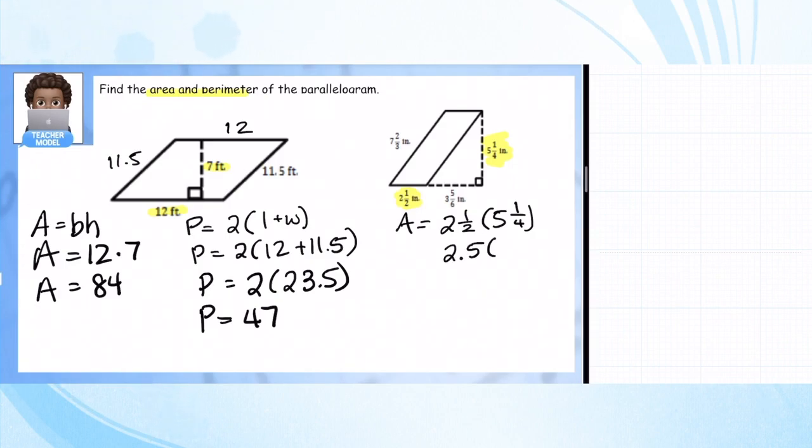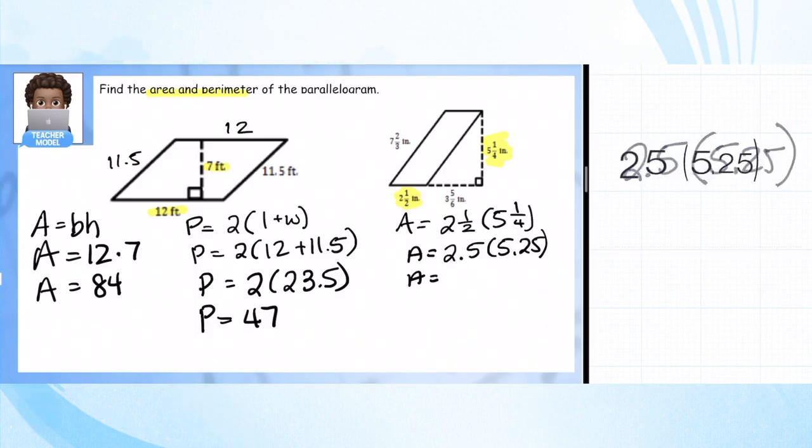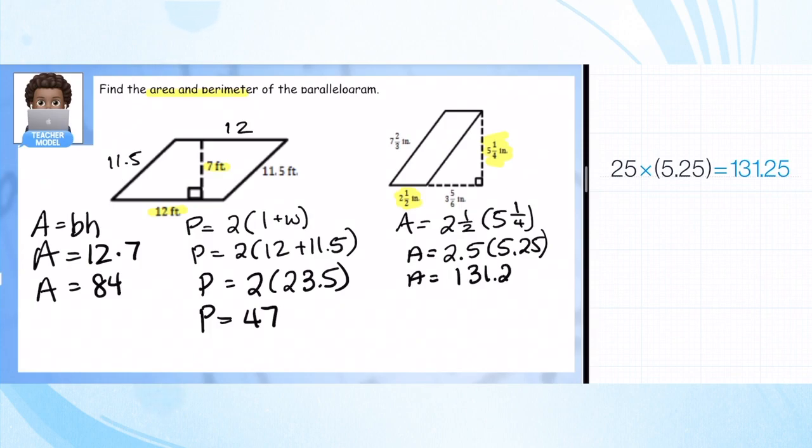So 2.5 times 5.25 gives me 131.25 inches squared. I forgot my units, so let me make sure I put those in. Okay, there we go. And let's do our perimeter.